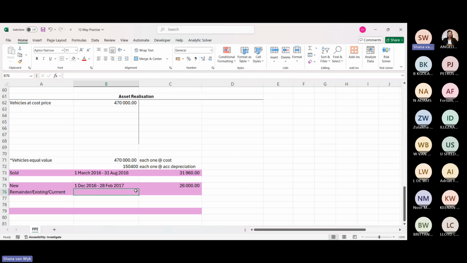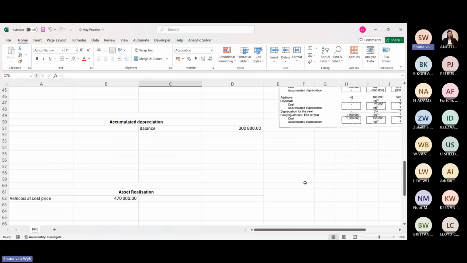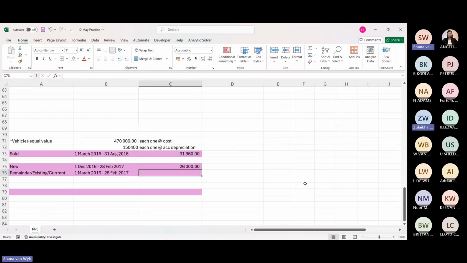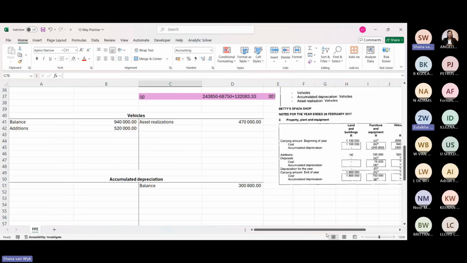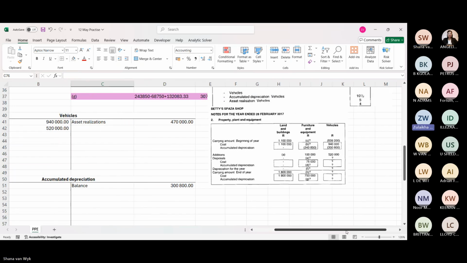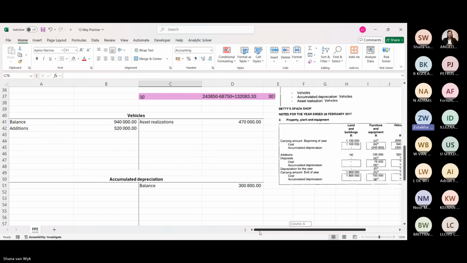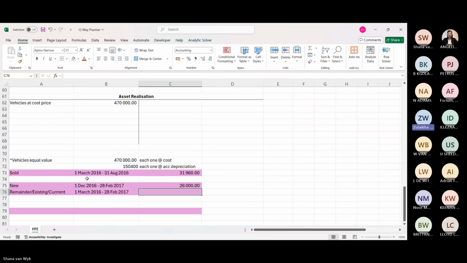Our remainder is for the whole year. So we know this is March to 28 Feb 2017. Okay, this is now the tricky one. No, it's not that tricky. We only have cost and addition, so it's going to be 940 minus 470.